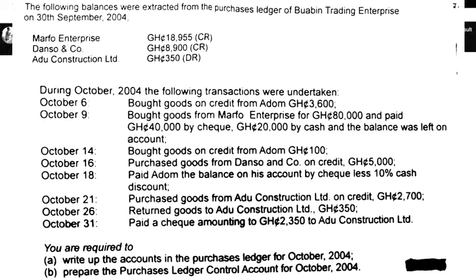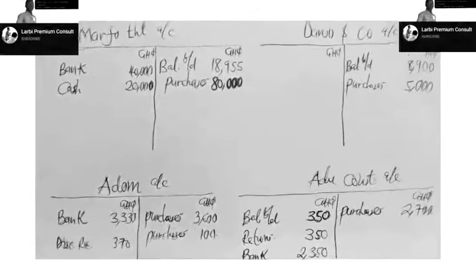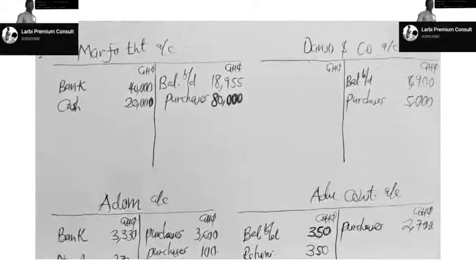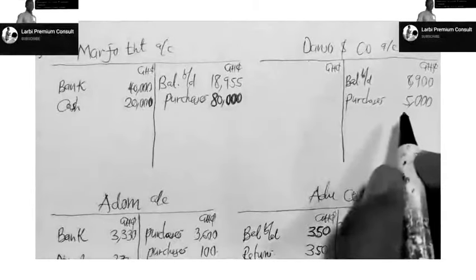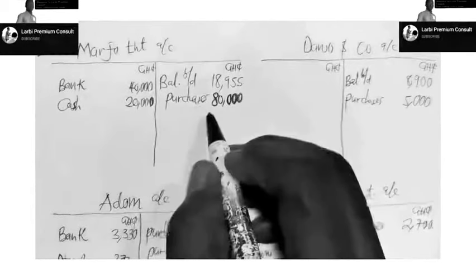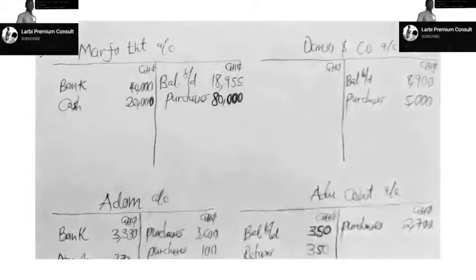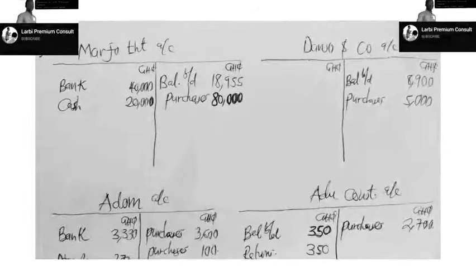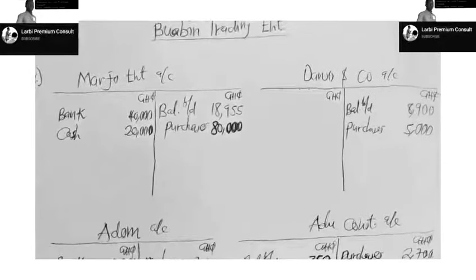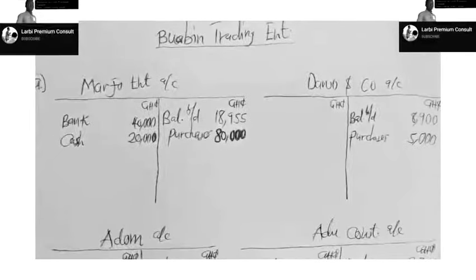So now let's balance the accounts for various suppliers that we have here. So let's start with Marfo. Marfo is here. So let's see the debit side. So for you to balance an account, first of all, you check the debit and then the credit side, the totals.